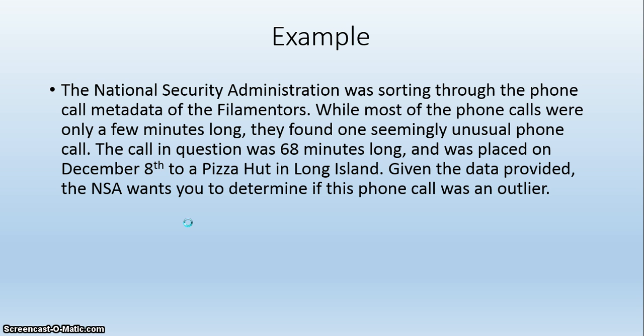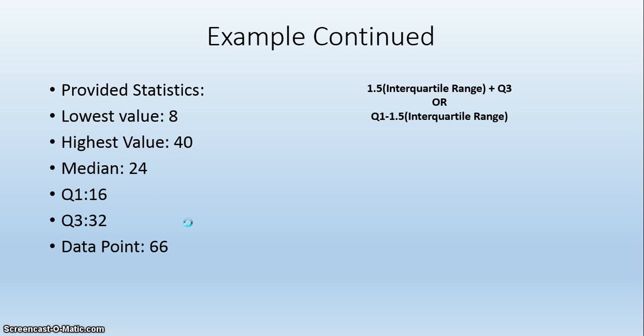Now, generally, when you have to use the IQR definition, they will either just give you a box and whisker plot, and you're going to have to look at it to figure out whether or not the data point is an outlier, or they will literally just give you this information, which is often called a 5-number summary.